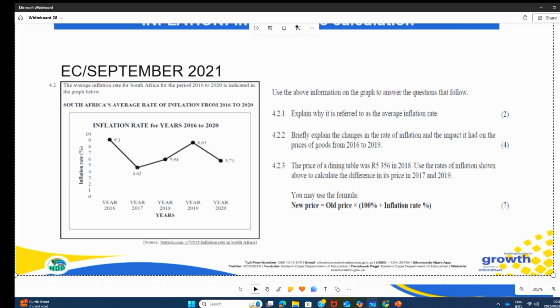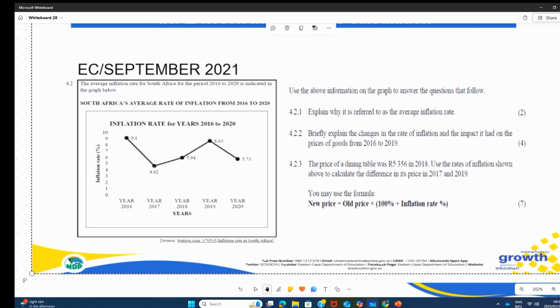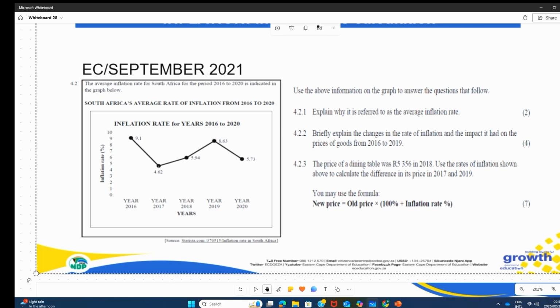I'm more interested in number 2, which says we need to explain what is happening there. As we can see, from 2016 to 2017, the inflation rate is decreasing.